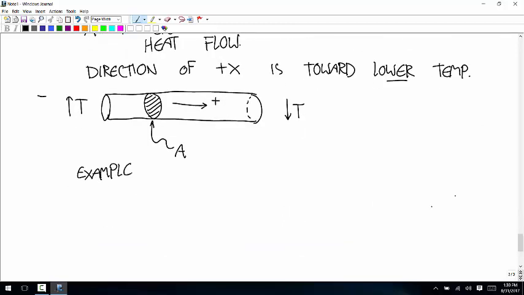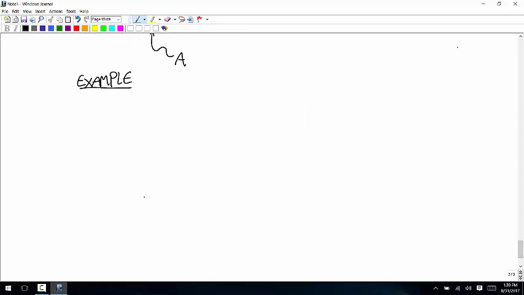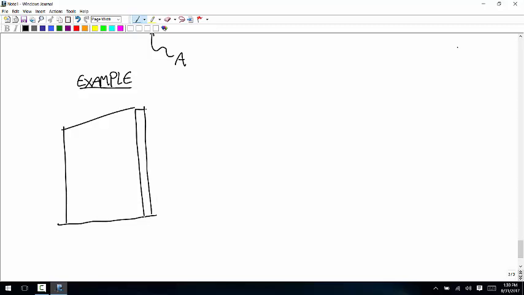Okay, so here's an example. Let's say we have a 1 meter squared window. And this is the outside.